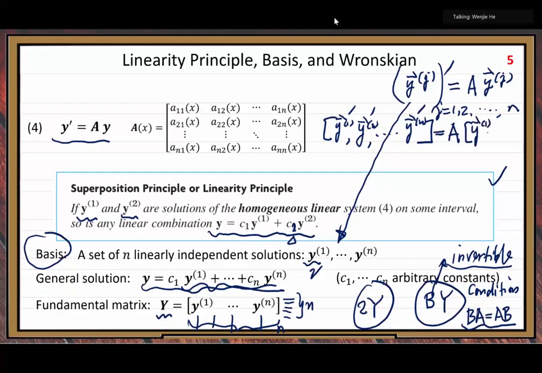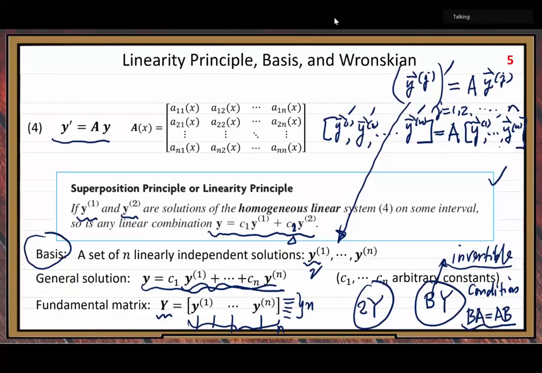Can you see that? Just put them together, right? Column-wise, if you compare columns from both sides, they are equal.